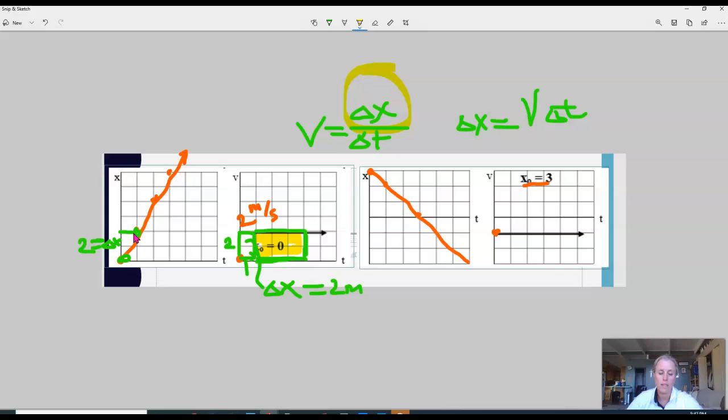So in the next 3 seconds, I go up 6, 1, 2, 3, 4, 5, 6, which would be right around here. So I've got this delta x of 6. There's a correlation between the area between your data and 0 and your displacement. So I can be on a velocity time graph and find displacement.